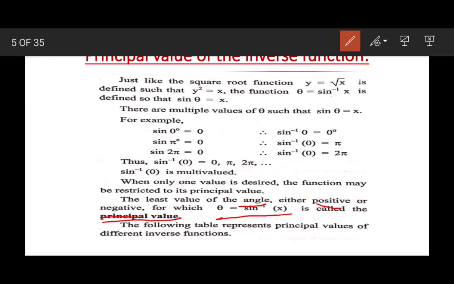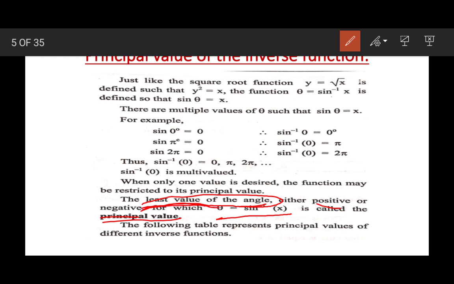Okay, least value of angle means least value of theta. It may be positive, it may be negative, anything, positive angle or negative angle, but the angle should be a minimum.